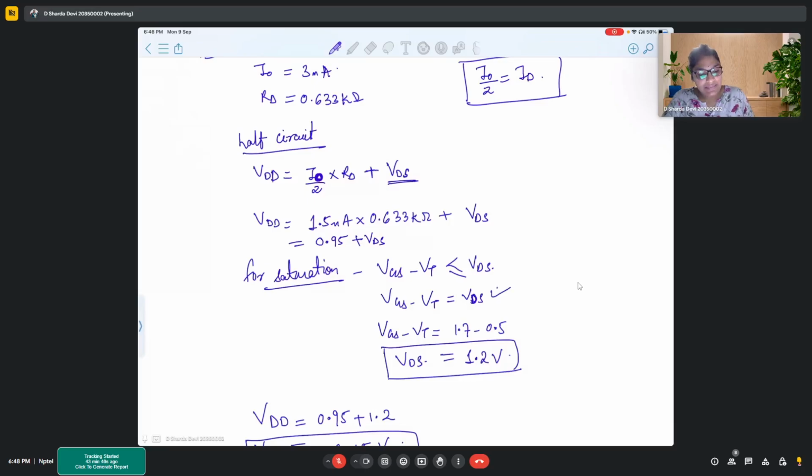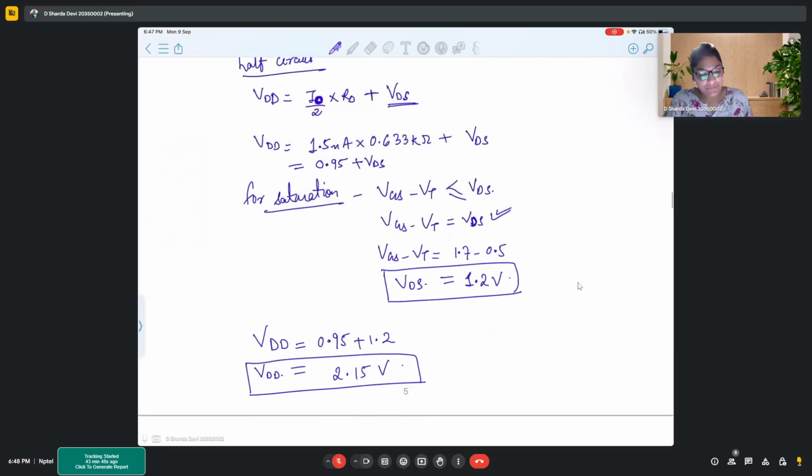Considering that condition, we solved for VDS and found that VDS was 1.2 volts. When we got VDS, we substituted it and found that the minimum VDD required is 2.15 volts. Is this clear? Yes, ma'am.